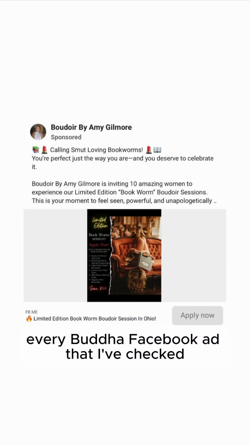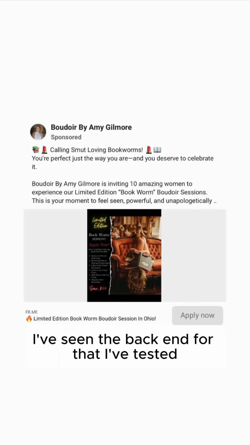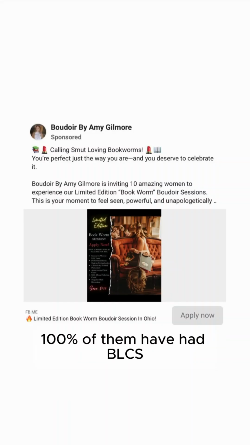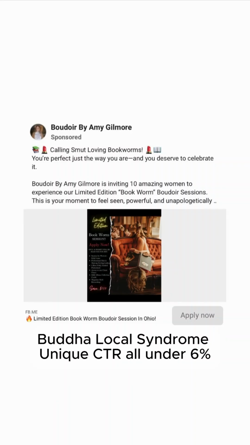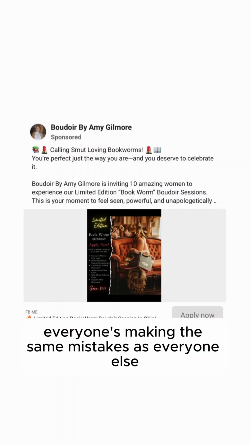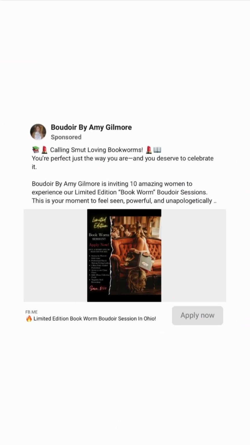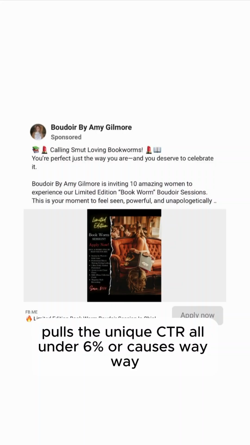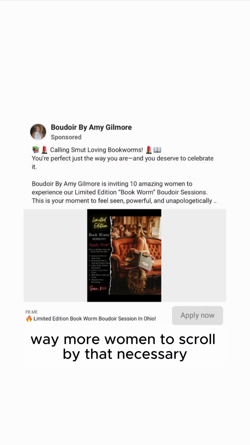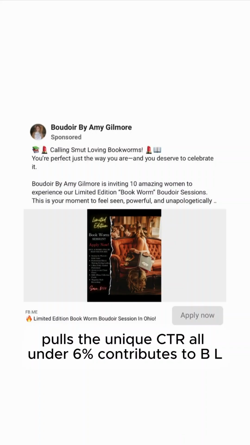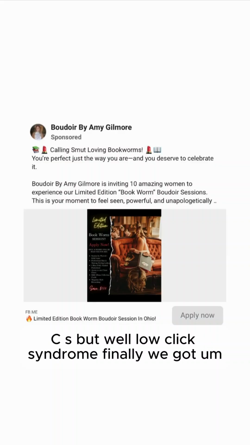Well, every Boudoir Facebook ad that I've checked, that I've seen the back end for, that I've tested, 100% of them have had BLCS, Boudoir low click syndrome, unique CTR under 6%, because everyone's making the same mistakes as everyone else. So this looks like an ad mistake, causes way more women to scroll by than necessary, pulls the unique CTR under 6%, contributes to BLCS, Boudoir low click syndrome.